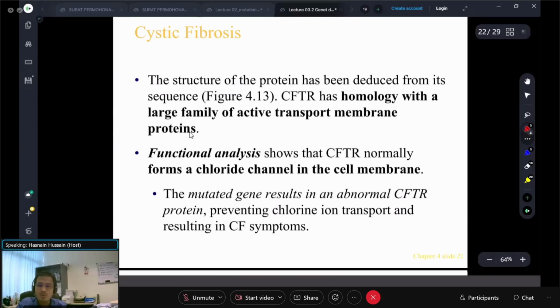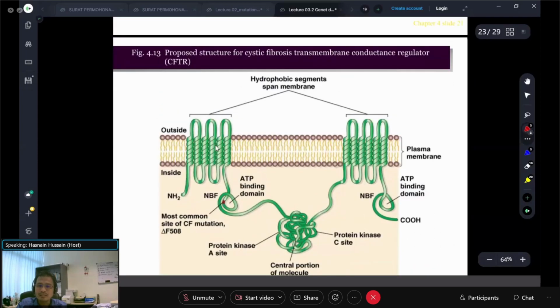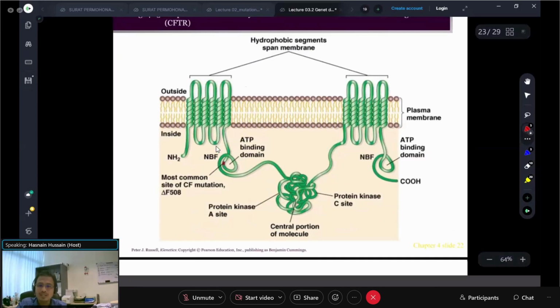Our cells, when they need to transport something from one position to another, cannot penetrate the lipid bilayer, the membrane, so they need to go through certain pores like this. So this one is actually a pore that can allow certain molecules to pass through.